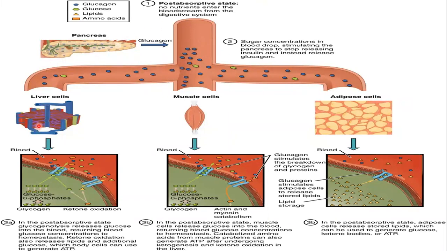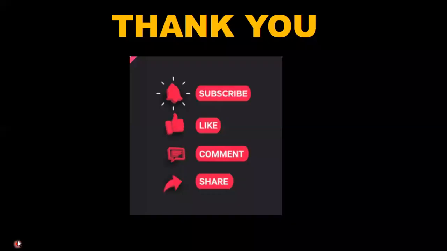So the glucagon goes into the liver cell, and there it does processes to make more and more glucose. So in liver cells it makes glucose, in adipose cells it makes glucose, but in muscle cells it does not work. So in muscle cells we are not talking about glucagon.